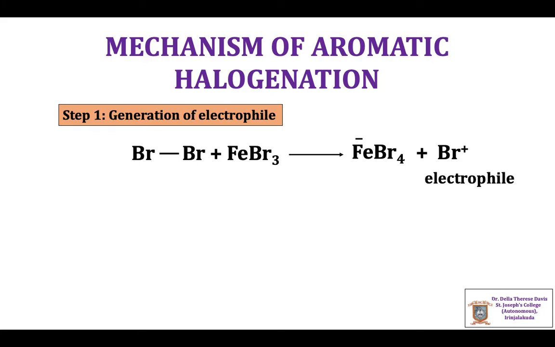The first step is the generation of electrophile. In aromatic electrophilic bromination, Br+ is the electrophile. The molecule Br2 plus FeBr3 gives FeBr4- plus Br+.